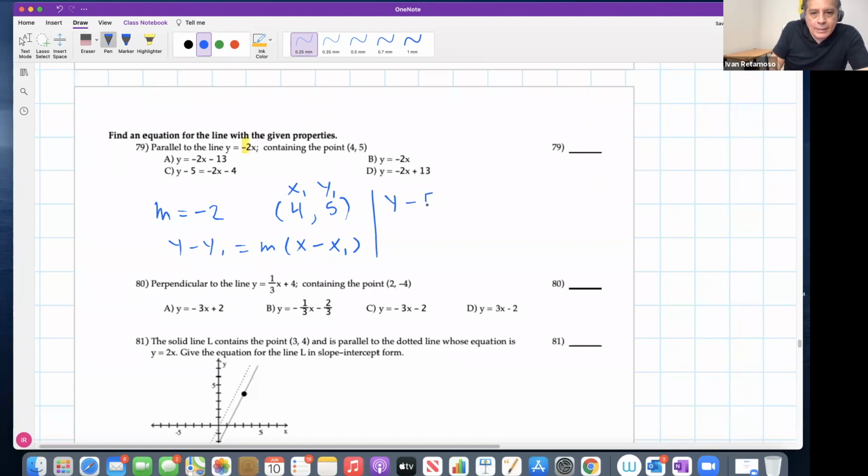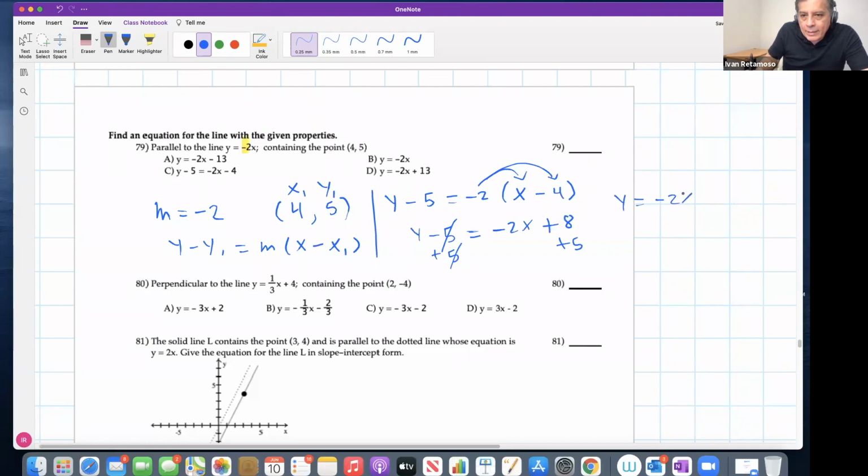Y minus 5 equals -2, the slope, times x minus 4. Y minus 5 equals -2x, -2 times -4 is +8. Adding 5 to both sides of this equation, we get that y equals -2x plus 13, right? And that should be the equation of the parallel line, which is here.